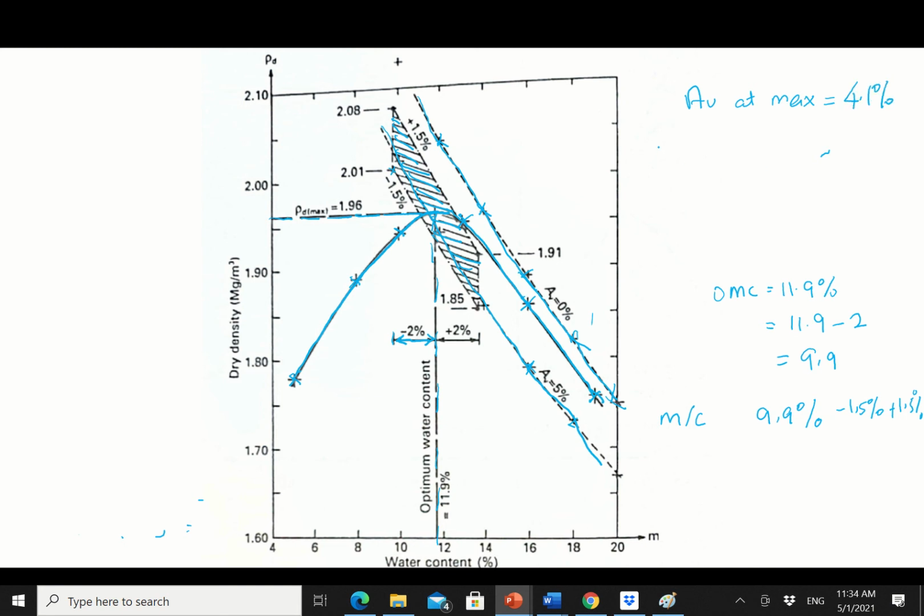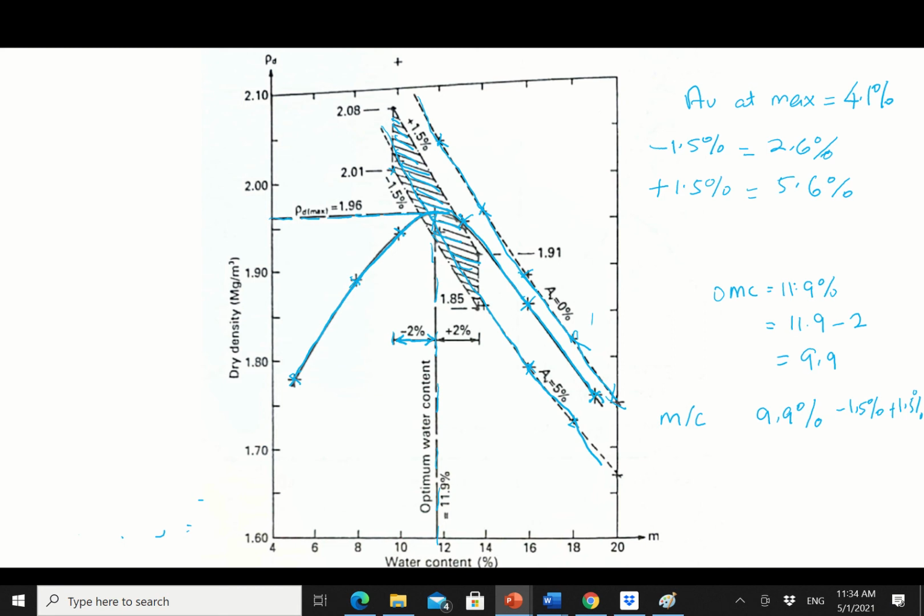So if minus 1.5% air void, you get about 2.6% air void. If positive 1.5% air void, you get 5.6% air void.